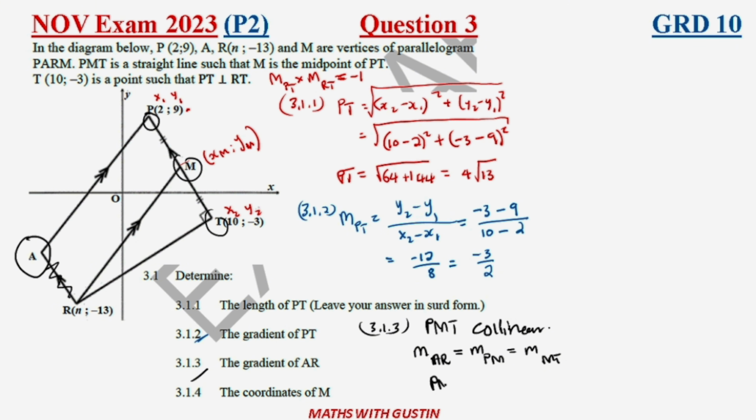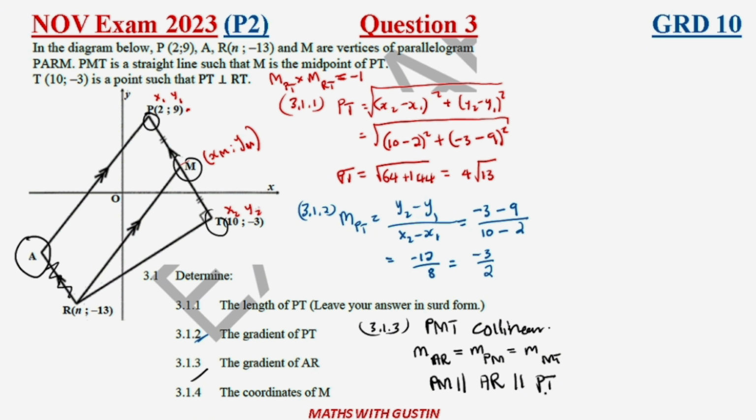Line PM is parallel to AR, which makes the gradients equal. So the gradient of AR is parallel to, let me see, because it is the same straight line, also parallel to PT.